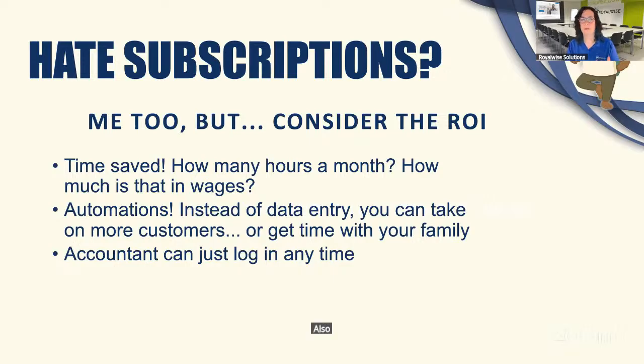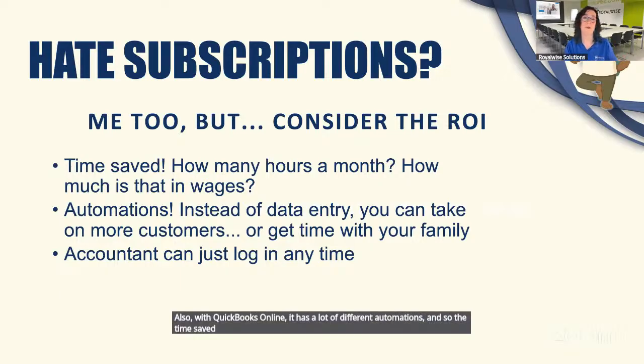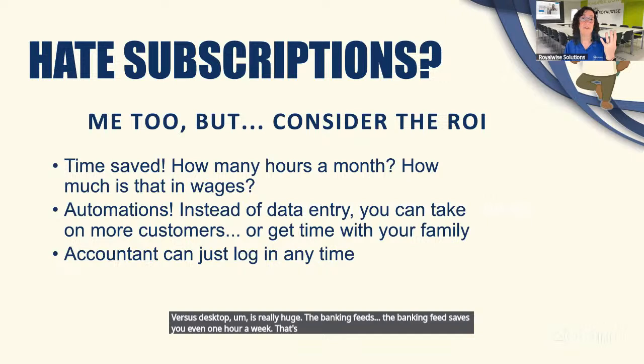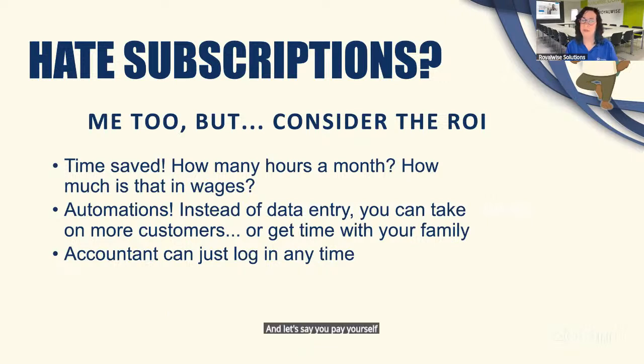Also, with QuickBooks Online, it has a lot of different automations. And so the time saved in QuickBooks Online versus desktop is really huge. The banking feeds, if the banking feed saves you even 1 hour a week, that's 4 hours of your time. And let's say you pay yourself $30 an hour, which I know is lower than a lot of you listening to this.